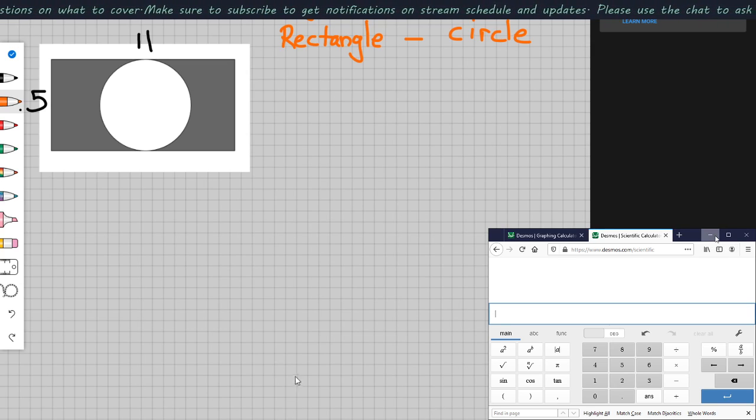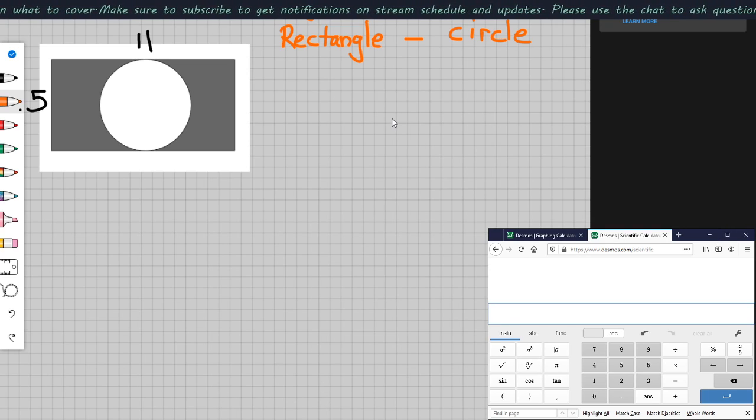Okay, so area of the rectangle, area equals length times width. So we're going to do our length, which is 11, times 5, and I didn't use the parentheses this time, so I'm going to go ahead and fix that with the parentheses.